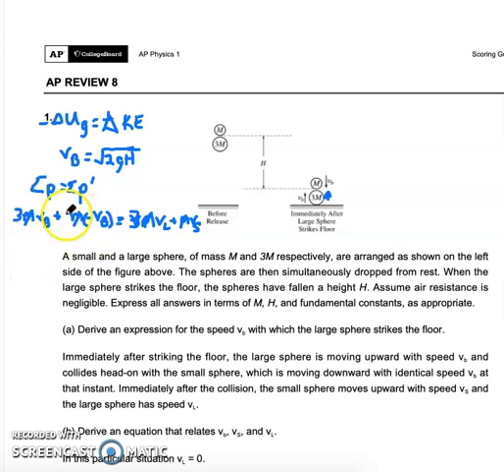Okay, so if I simplify the left term, I get 2VB equals 3VL plus VS. All right, and you'll see that solution there. And again, we expect that they'll be going in the same direction after the collision. All right, so derive that.